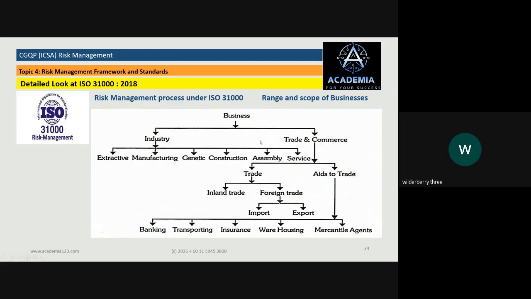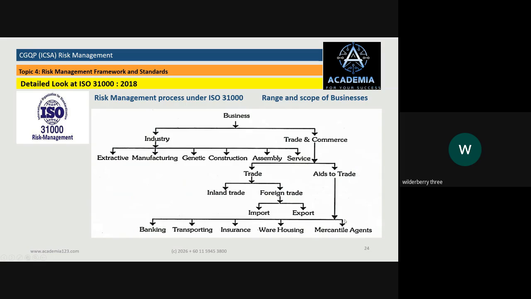Okay. You see here the range and scope of business. I tried to summarize how it is often organized when it comes to risk management under ISO. We have the business. We differentiate industry, that's manufacturing and so on, and we differentiate trade and commerce. They use the extractive, manufacturing, genetic, construction, assembly, and service as industry branches. And in terms of trade and commerce, we have trade and aids to trade: inland trade, foreign trade, import, export, banking, transporting, insurance, and so on.